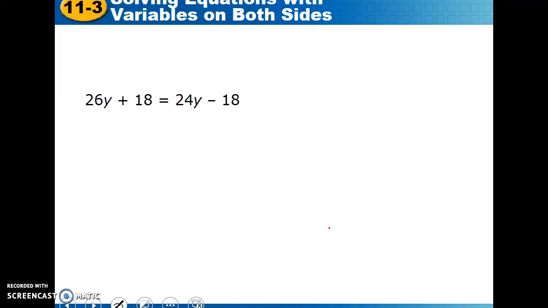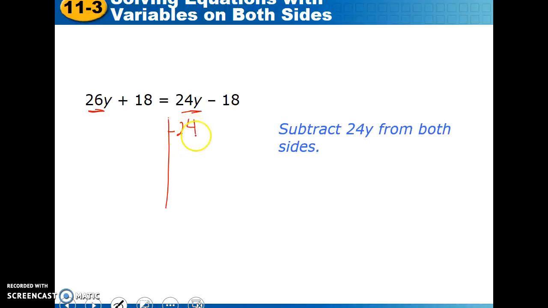So again, we have variables on both sides of the equal sign, so we need to figure out how we're going to get those to one side by addition or subtraction. So I'm going to subtract 24y from both sides, keeping those numbers positive, 24y, 24y. So this cancels out, left with nothing. Here I'm left with just 26 minus 24 is 2y plus 18 equals negative 18.